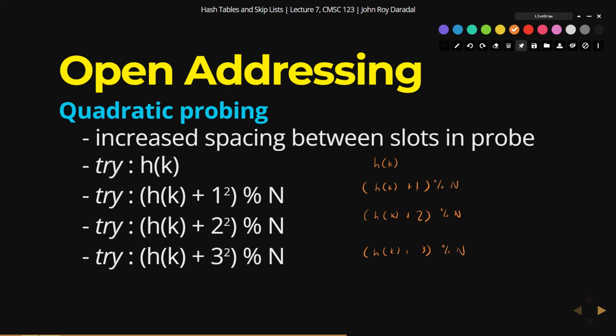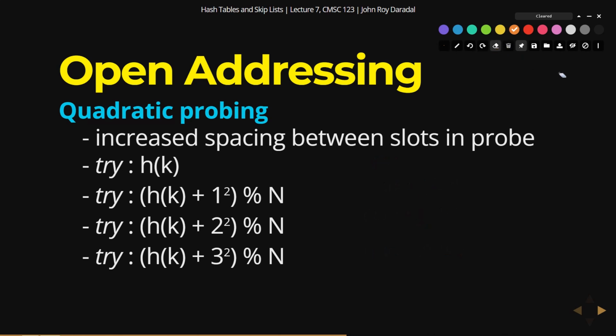So this is linear because the step for the slot is by 1. Okay, plus 1 plus 1 plus 1. Here it's plus 1 squared plus 2 squared plus 3 squared. That's why it's quadratic.